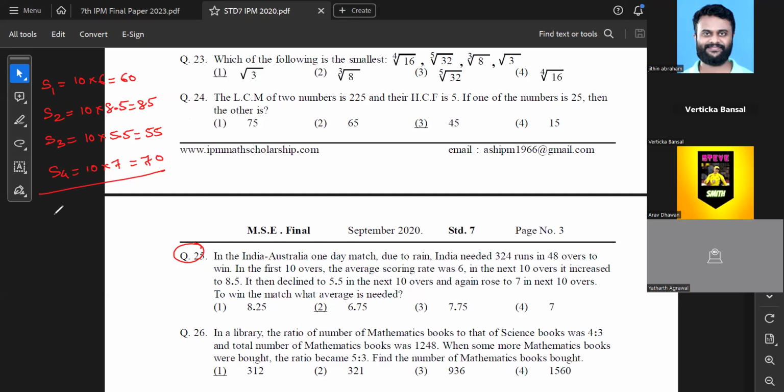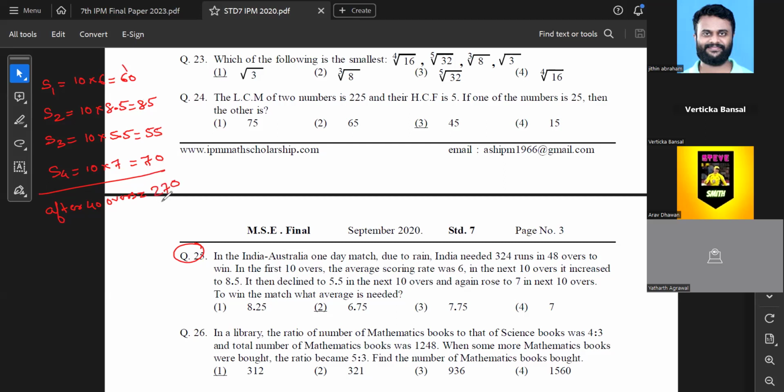So after 40 overs, the total score is, I'll say, 0, 5 plus 5, 0, 1 carry, 6 plus 1, 7, 7 plus 8 is 15, 15 plus 5 is 20, 20 plus 7 is 27.